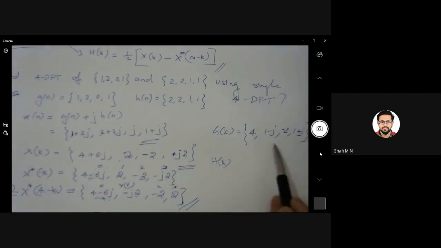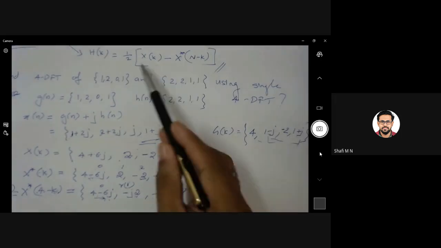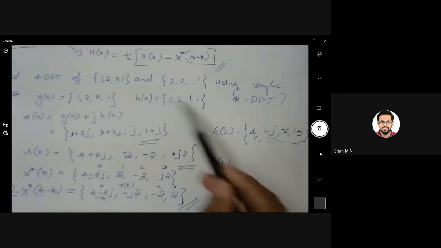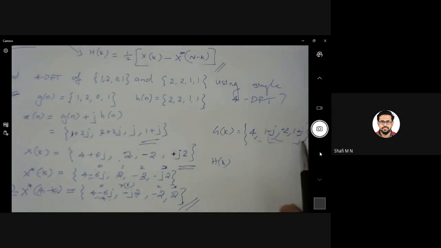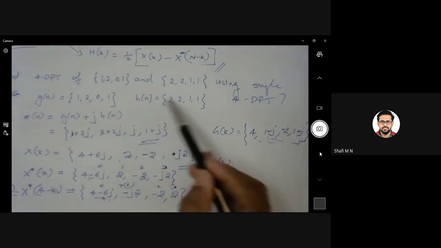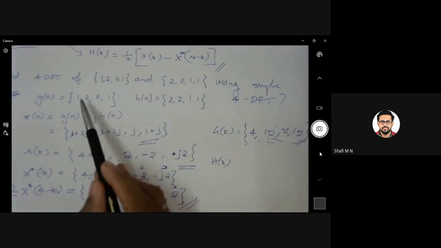Here you can see the middle element, and here you have the symmetry. Why do you have the symmetry over here? Because your first sequence, the sequence g of n, is a real sequence. So definitely here you will have the symmetry. So this is applicable only to real sequences. Either you can verify it like this also.